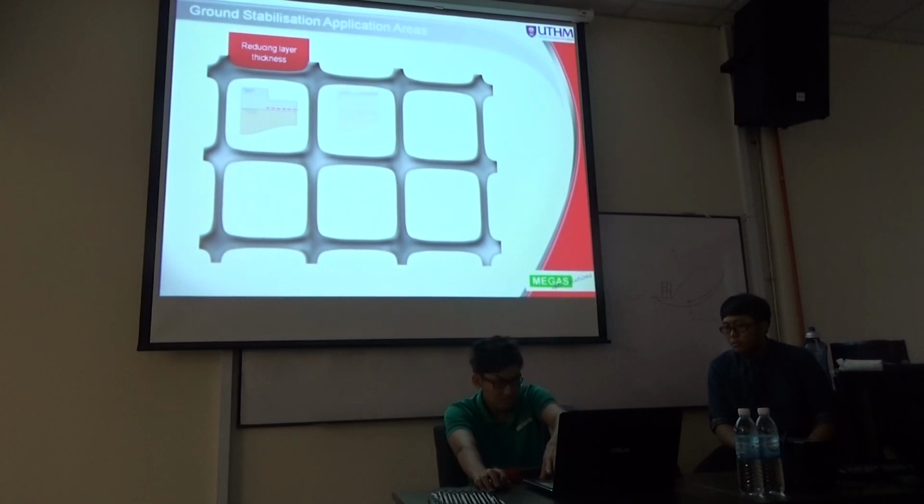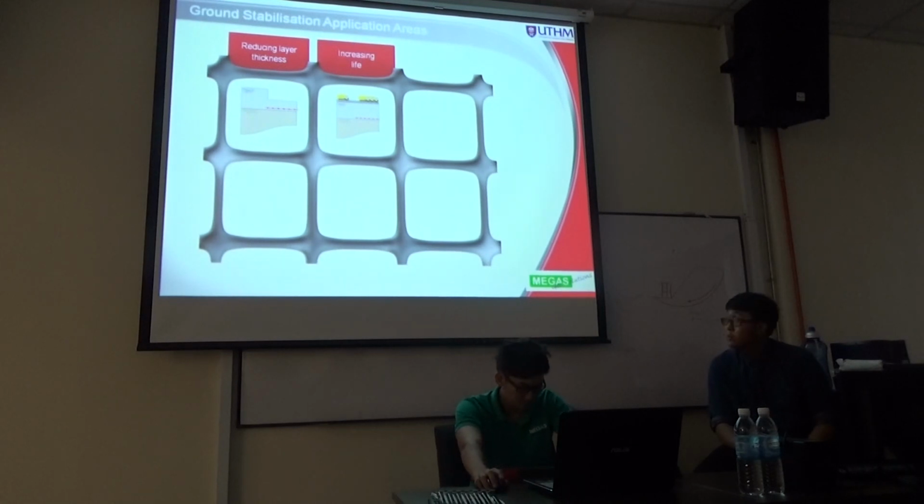Next. Another one is, let's say we have the budget to build the pavement, but I don't want to maintain it frequently. Can you extend the life of the pavement? Yes. We can put in geogrid to increase the life of the pavement, because every pavement we design has a design life, whether 5 years or 10 years.